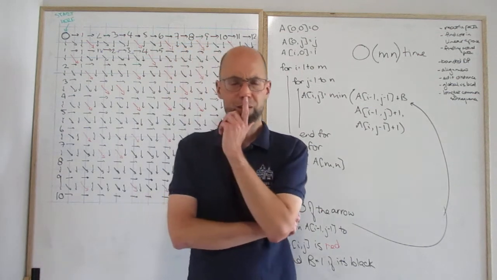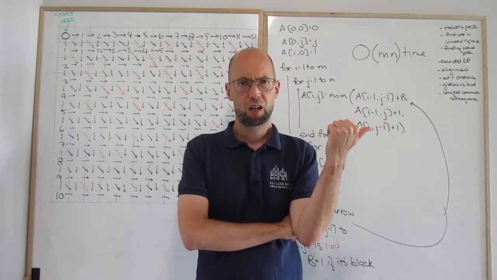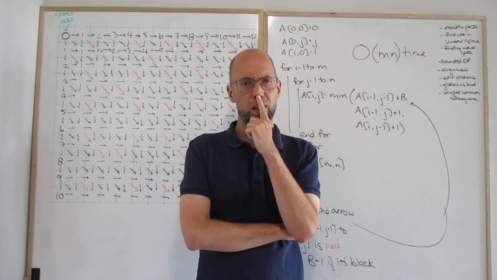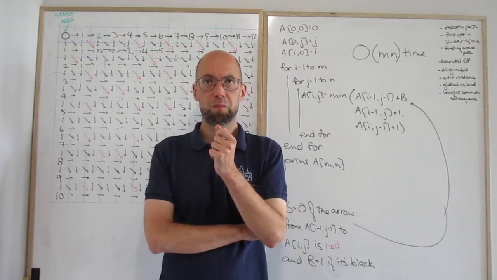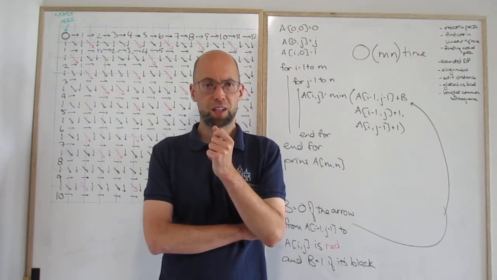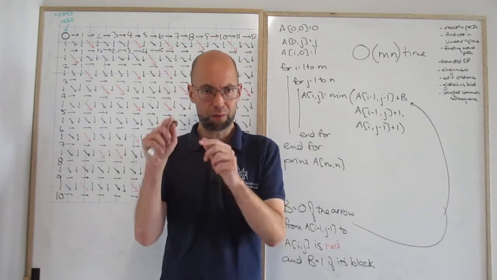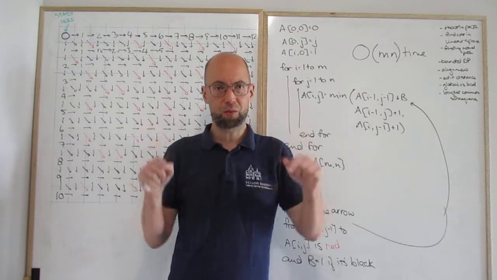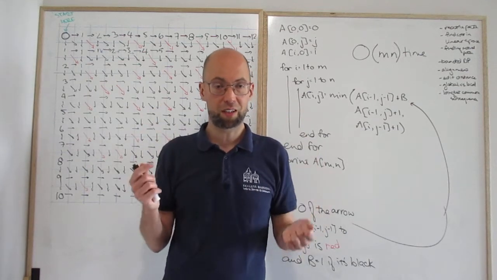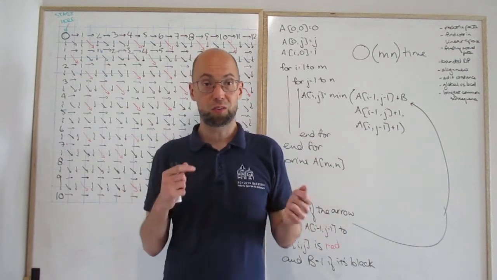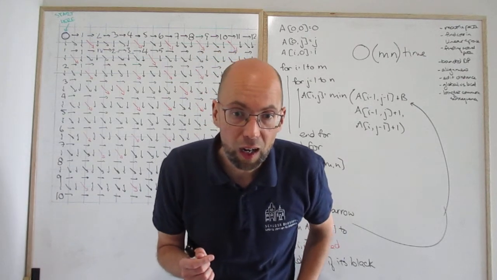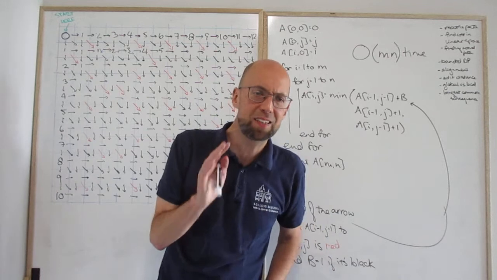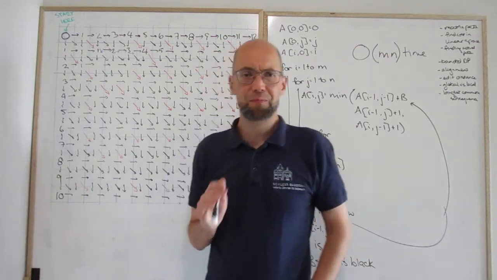We did talk about space with multiplication. Remember when we started off and I showed you that instead of working out the multiplication in quadratic time and quadratic space, you could use quadratic time in linear space.